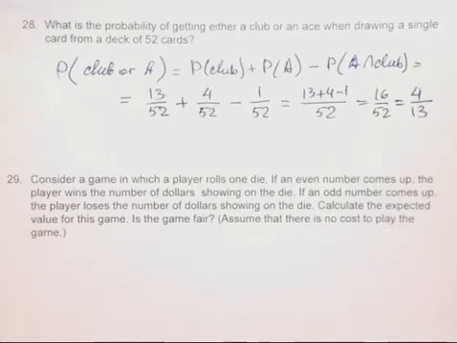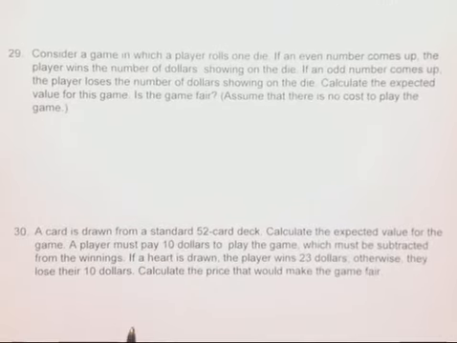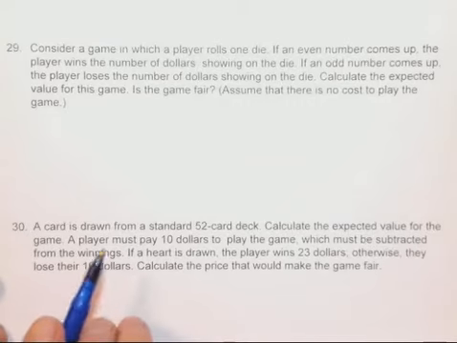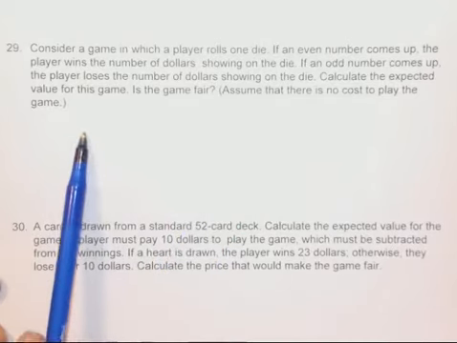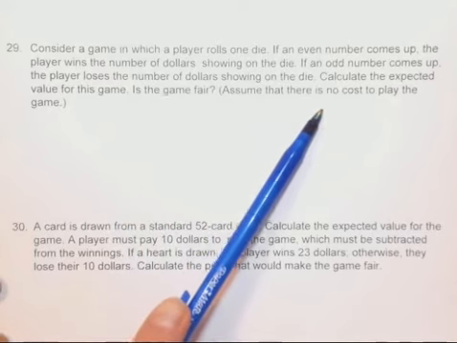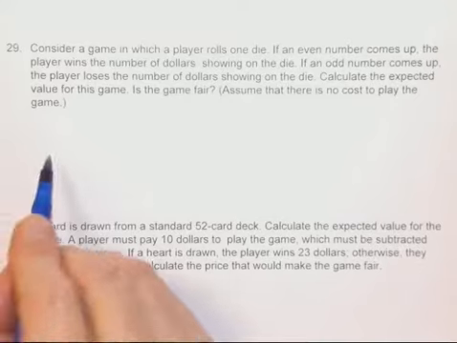Consider a game in which a player rolls one die. If an even number comes up, the player wins a number of dollars showing on the die. If an odd number comes up, the player loses the number of dollars showing on the die. We want to know the expected value for the game, and we assume that no cost is paid to play the game.